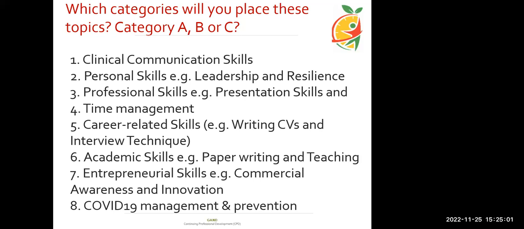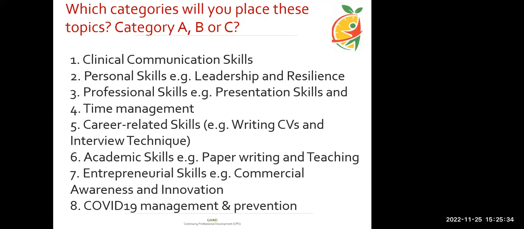But if you do a course in time management, which even mechanics will do, and I don't mean that mechanics are not professionals, but even a footballer can do a general purpose time management program: how to wake up on time, how to eat on time, how to attend meetings on time. Yes, it's for everybody. You have done time management, but it is not a category B activity.